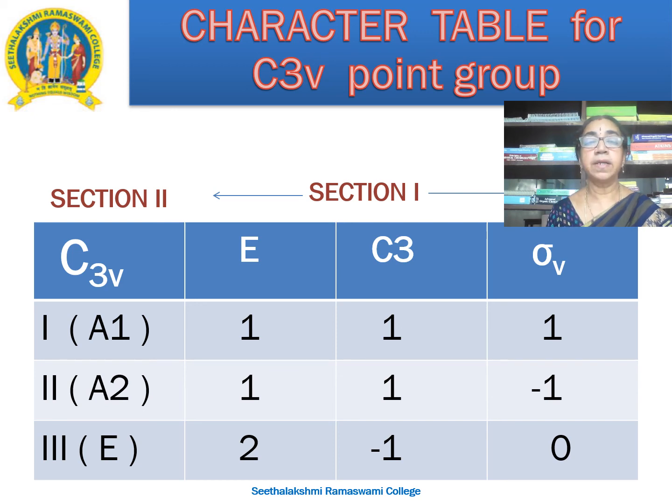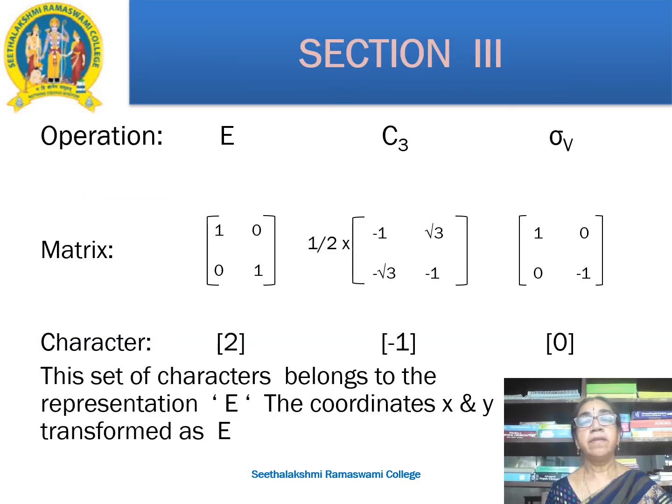The next step is derivation of section 3 of the character table. Section 3 is derived by performing the symmetry operations over the molecule. So already it is clear that when the symmetry operations are performed, the XYZ coordinates will be transformed.